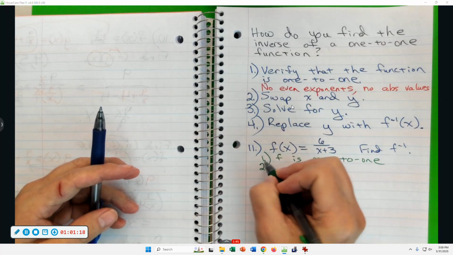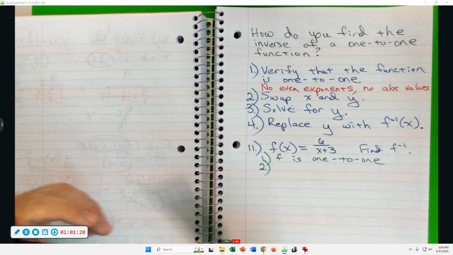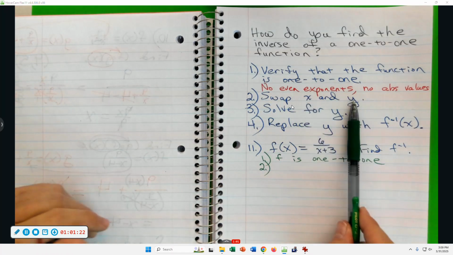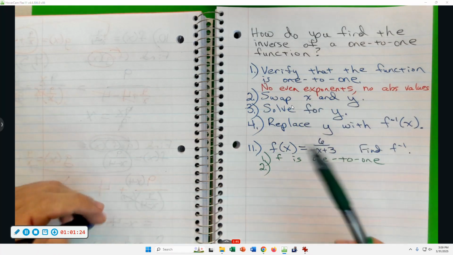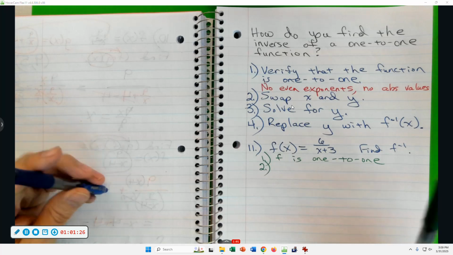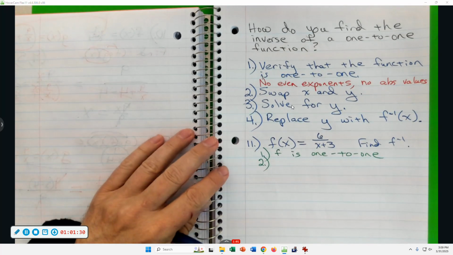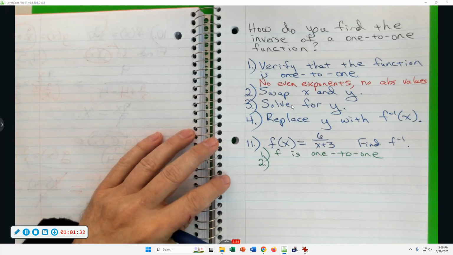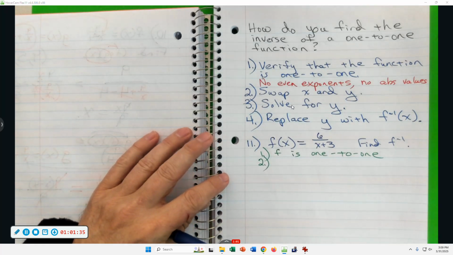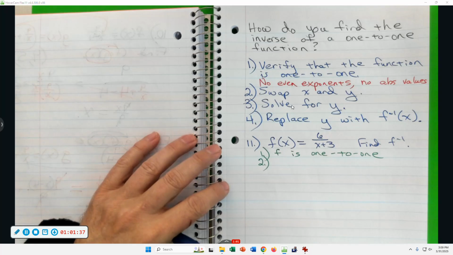Now the second step, we have to swap x and y. Wherever we have an x, write a y. Wherever we have a y, write an x. Wow, I don't see a y in that problem number 11 either. What is acting like y? What's a fancy way of saying y? The f of x.